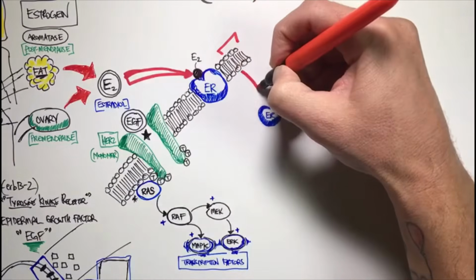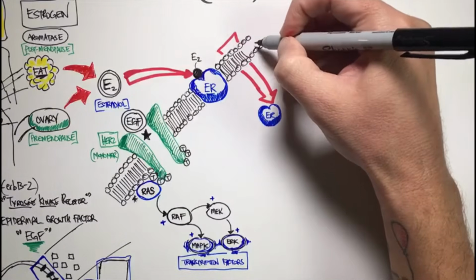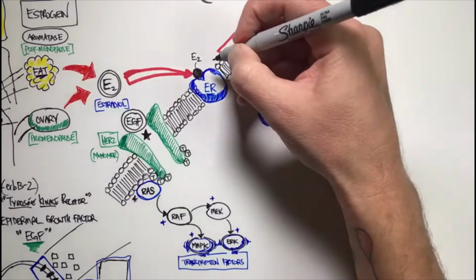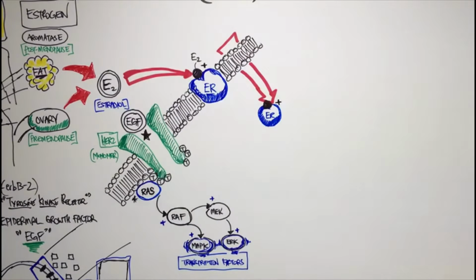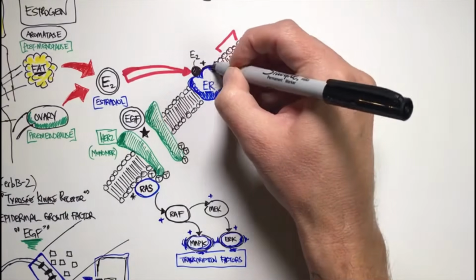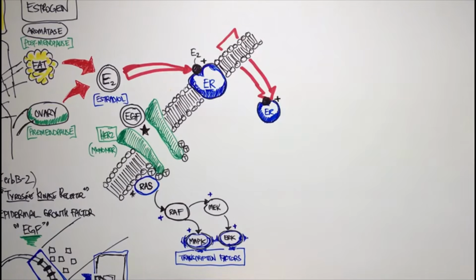And as I said as well, because we have that free-floating estrogen receptor inside, estrogen actually has the ability to translocate before it binds. Without even binding, it can actually enter the cell and engage an estrogen receptor free-floating in the cytosol as well, just like this. So there's the estrogen, that little dark circle on top of the estrogen receptor.